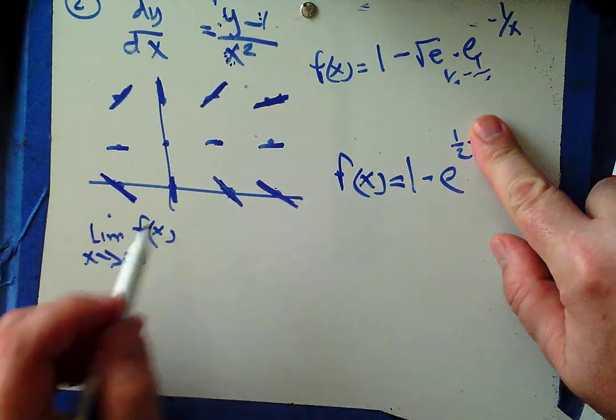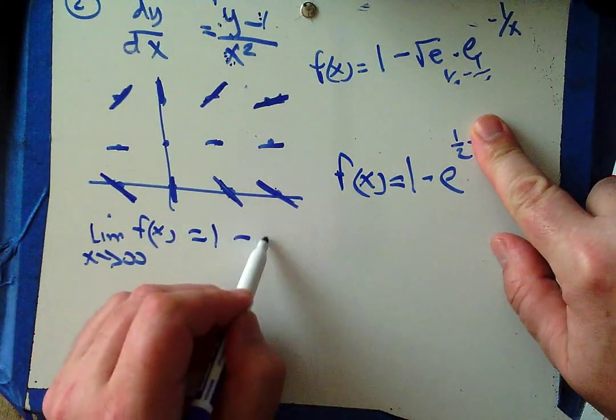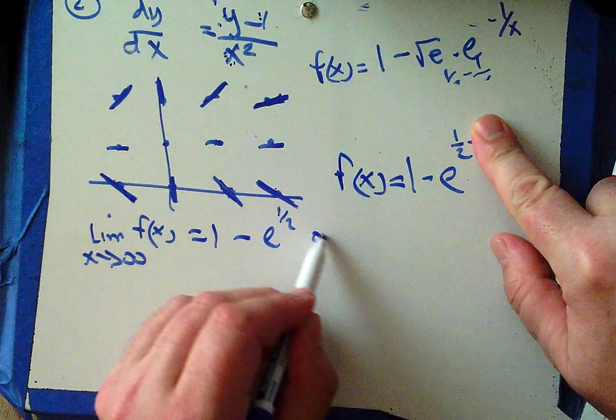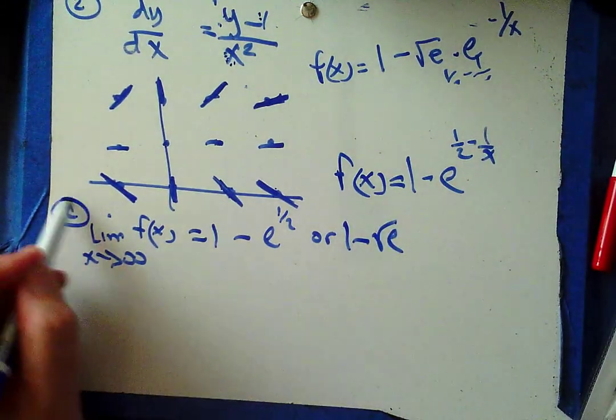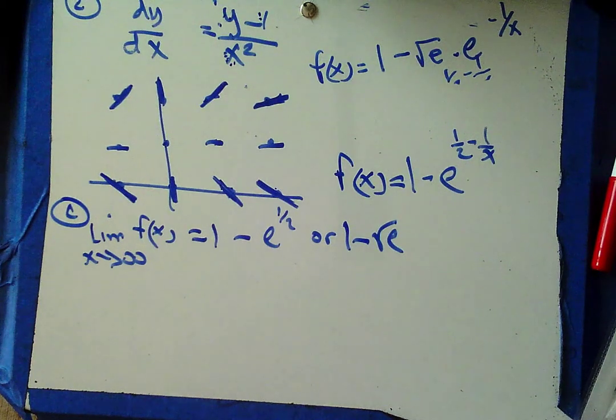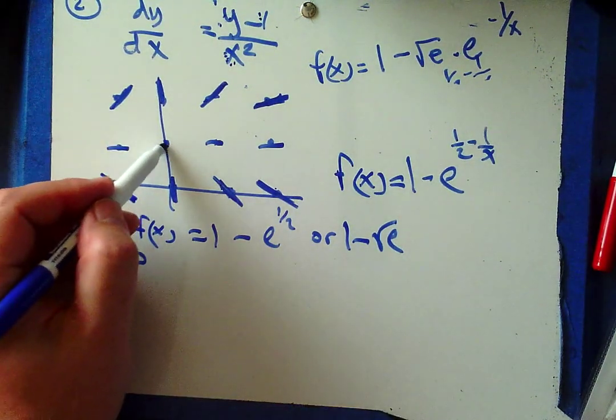So this is what I get. I get 1 minus e to the 1 half, or 1 minus square root of e. That's part C.